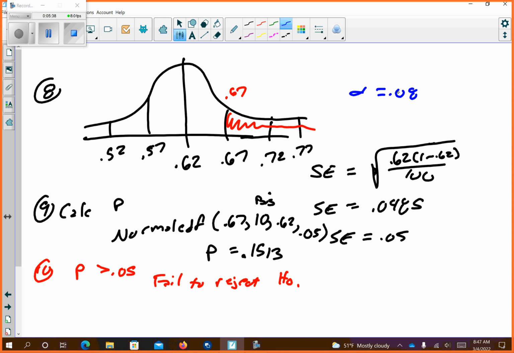So if we were going to use the alpha to answer number 10, would we say we are 8% sure that this will fail, or 92% sure this will fail? This would be 8% failure. Okay, so then if we were going to write that out in number 10, would we say we are 8% sure that it will fail to reject the null, or we're 92% sure that it will reject? 92%. Yeah. So it does the opposite? Yeah. Okay. Cool.